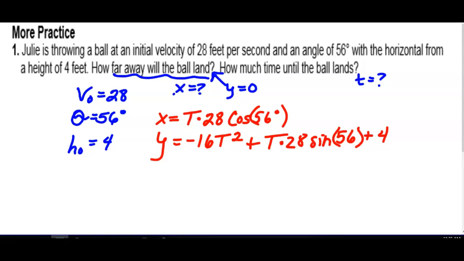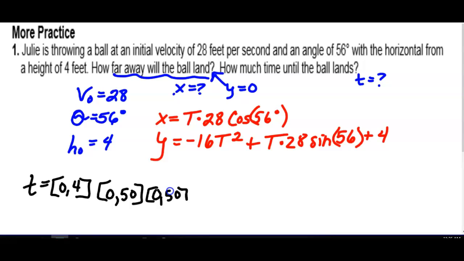And for my window, I'm thinking it's going to come down in a few seconds. I'll try 4 to start with. It's going to go away from me. My x is how far away does it land? I don't know. I'll try 50. It might need to be changed. And how high up does it go? I might do this 1 to 50 this time too, and we can change those if we need to.